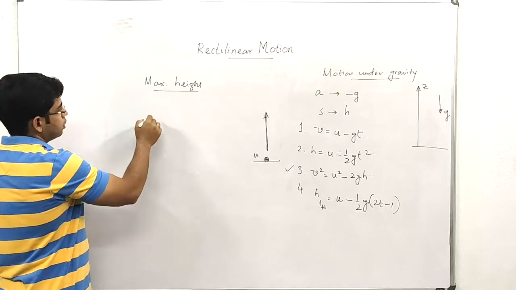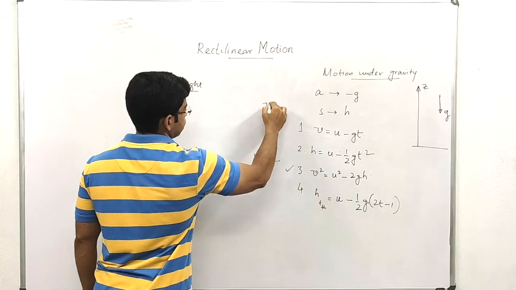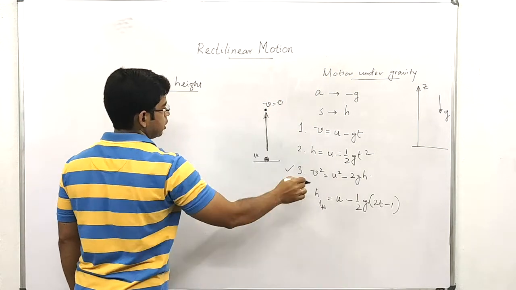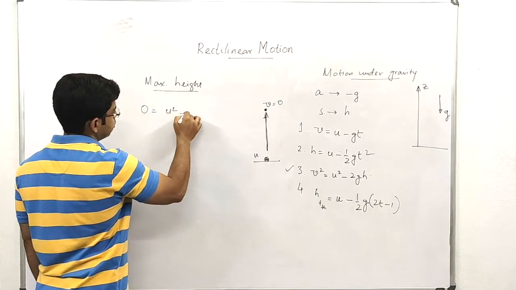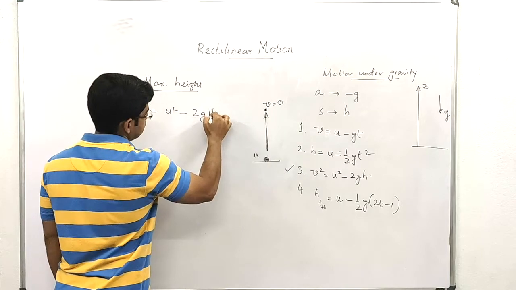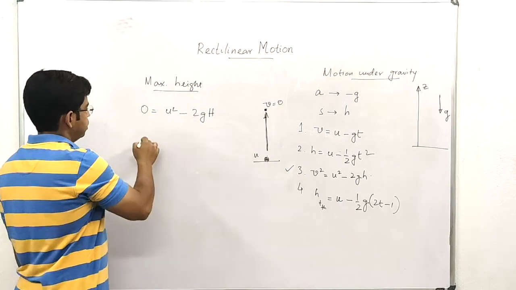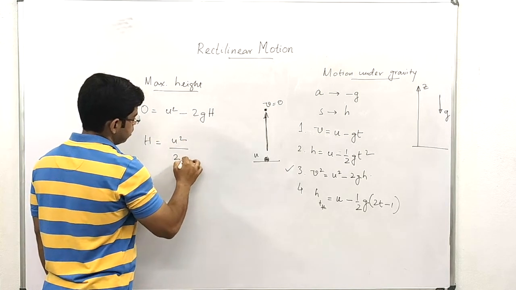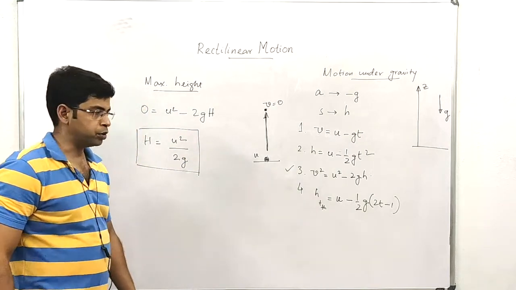Here you see that at the maximum point reached, the final velocity v will be 0. So apply this condition in equation 3, you will get 0 equals u square minus 2gh, where I write capital H as the maximum height reached. So H will be u square by 2g. This is a useful equation.